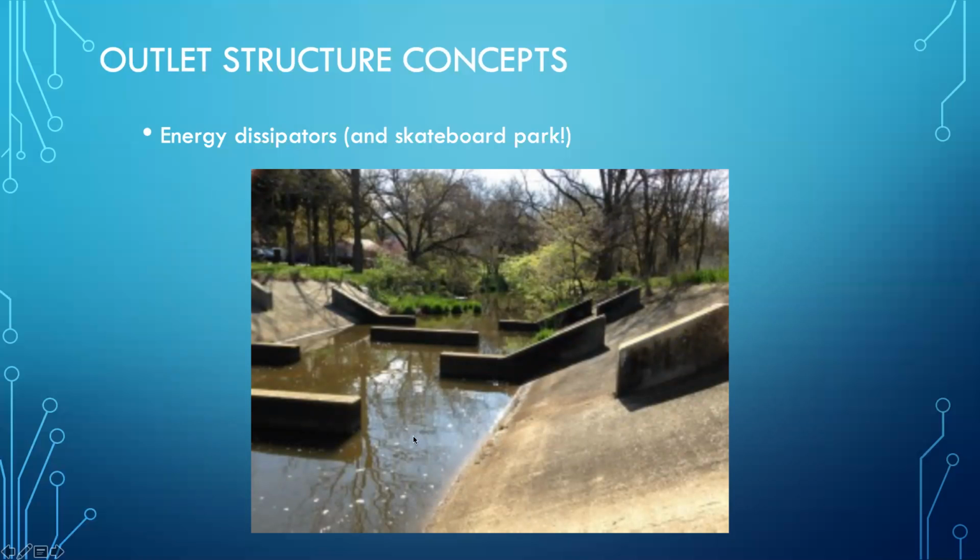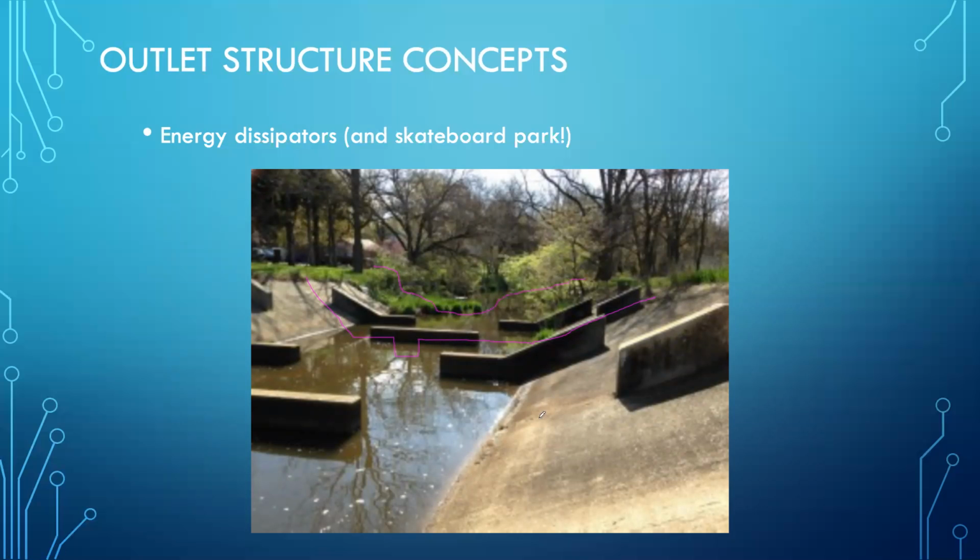This particular photograph is a transition from an engineered or unnatural channel to a natural section. So about here, probably trapezoidal, it'll probably have a pilot channel in it. And then we get to the sort of natural section.